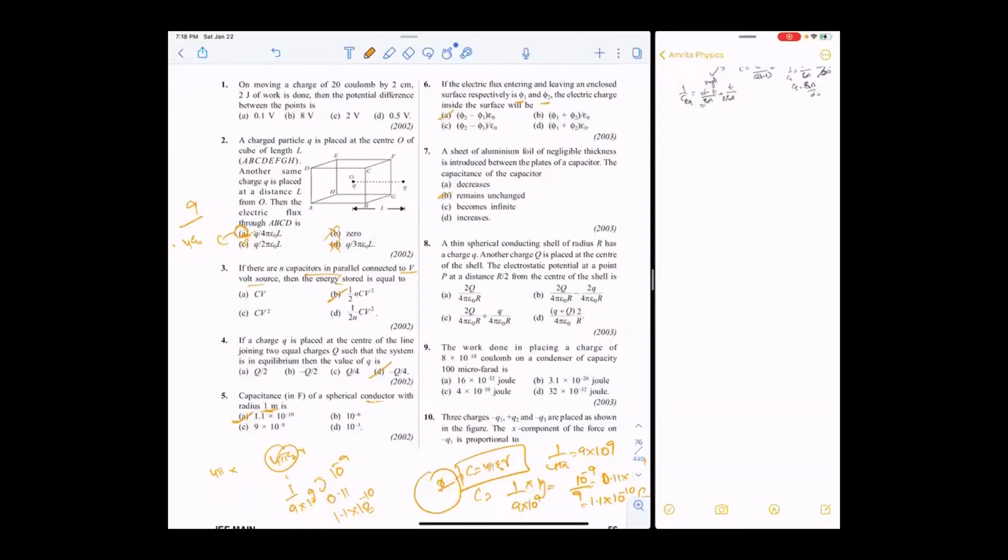Next one: a thin spherical shell of radius r has a charge Q. Another charge q is placed at the center of the shell. Find the electrostatic potential at a point P at r by 2 from the center of the shell.